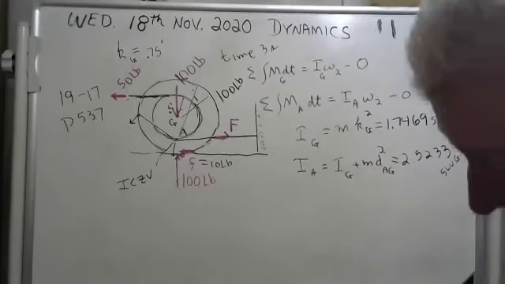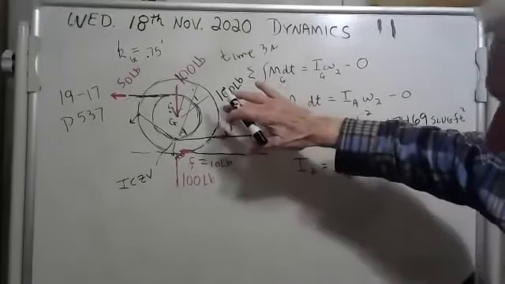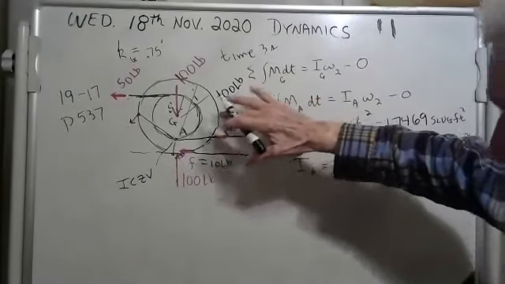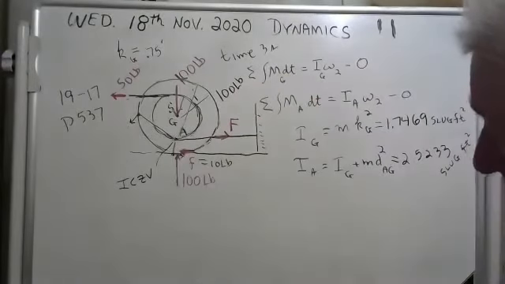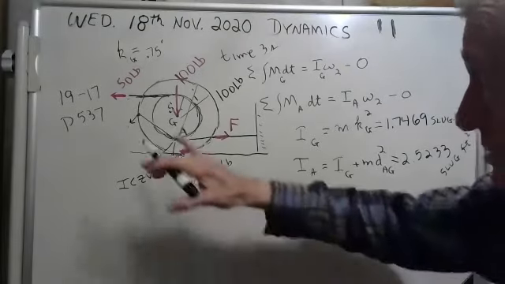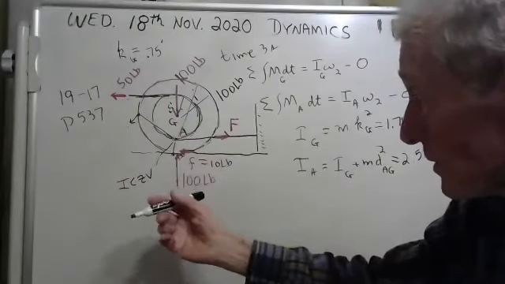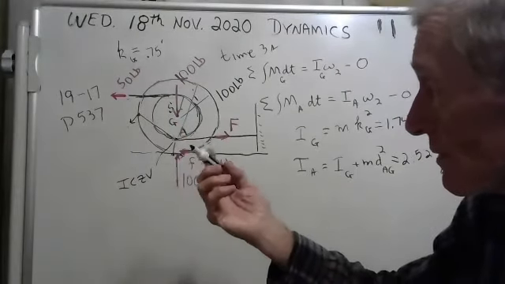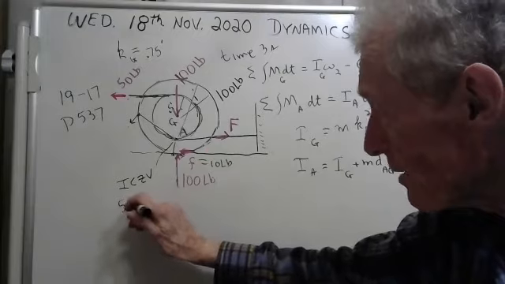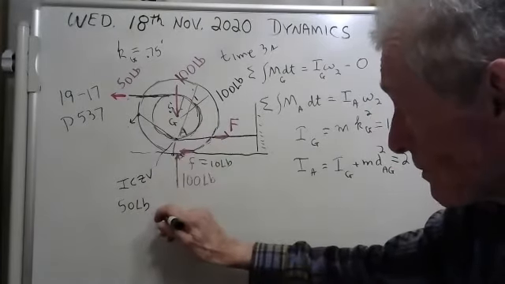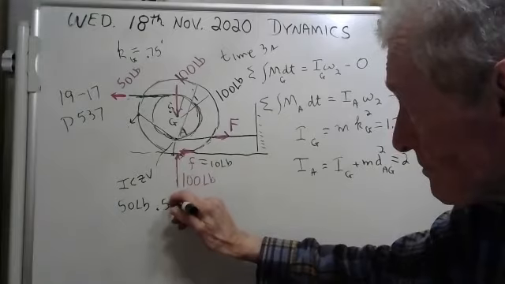Okay, now what they're asking here is to take the sum of all the moments about G. Well, you got 3 different moments. See, this 50 pounds gives you a moment about G, and it's going to be 50 pounds times the distance to it, which is 0.5 feet.